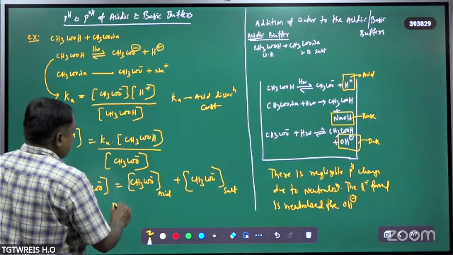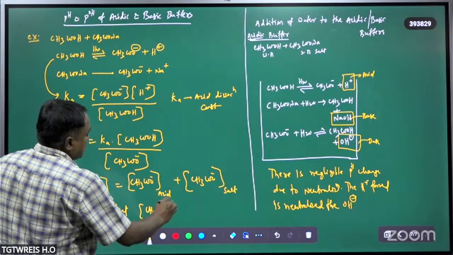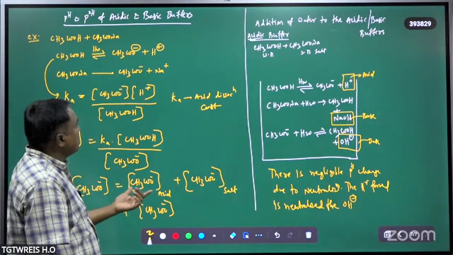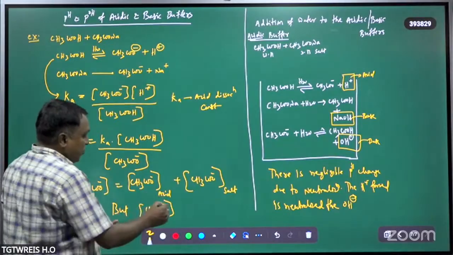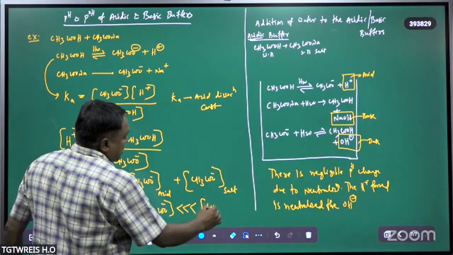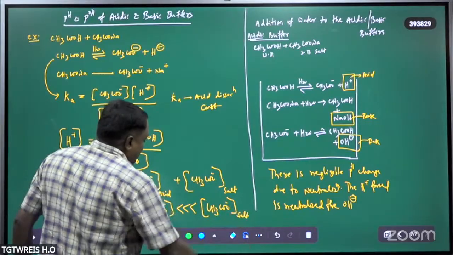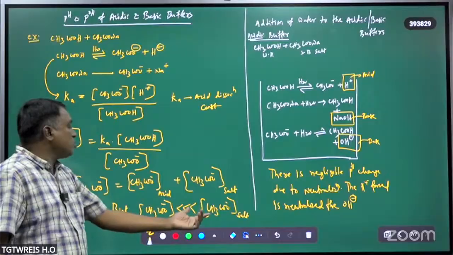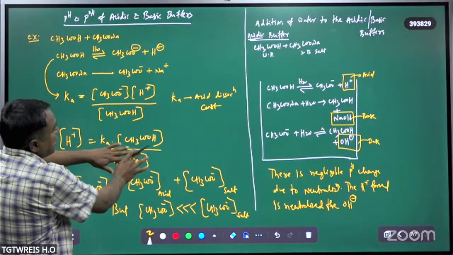But the acid is a weak acid, it never undergoes complete ionization. Therefore its concentration is very much less than the concentration of CH3COO minus from the salt. Most of the CH3COO minus is coming from the salt only.